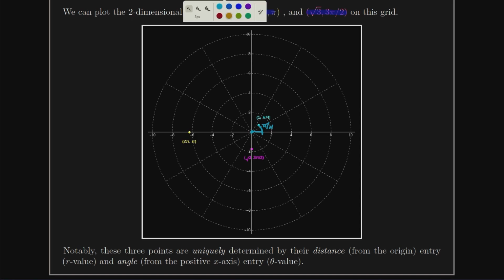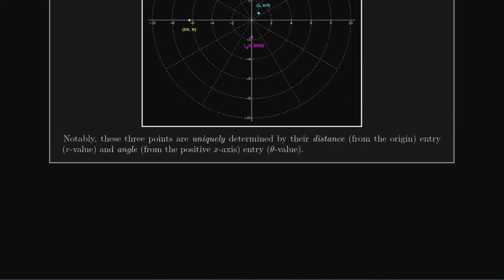Similarly, if I want to plot the point (2 pi, pi), I'm going to go out 2 pi along the x-axis, which is about 6.2, somewhere around there. And then I'm going to rotate around the origin by exactly pi, and I end up at my point (2 pi, pi). And finally, if I want to look at the point (root 3, 3 pi over 2), where root 3 is about 1.7, then I jump out maybe 1.7, which is about there, and then go all the way around 3 pi over 2 to end up at my point. So that's how you would plot each of those.